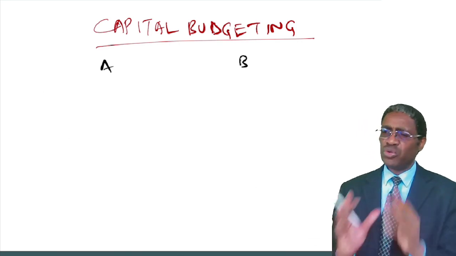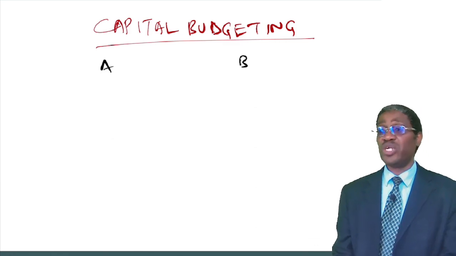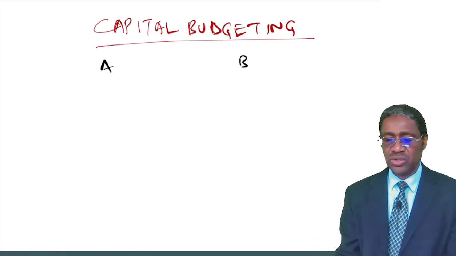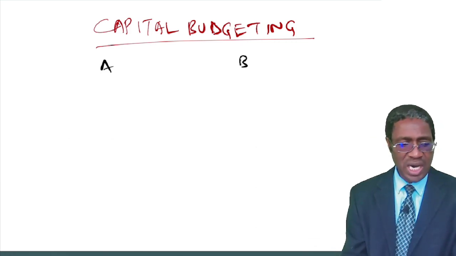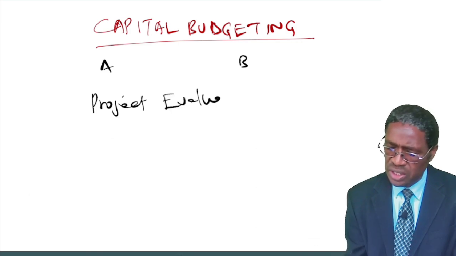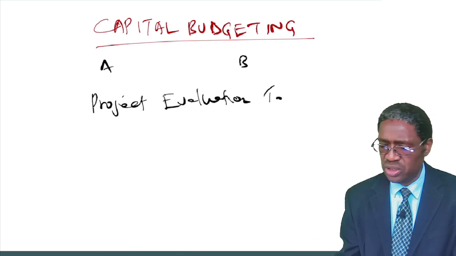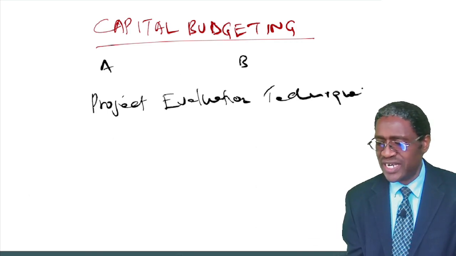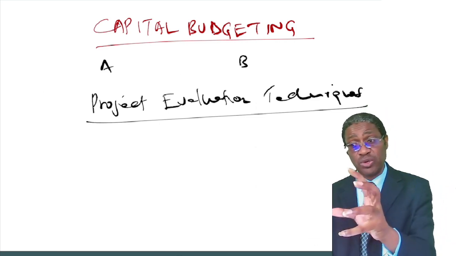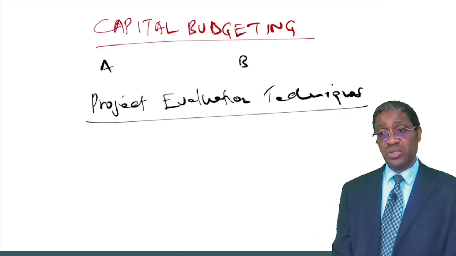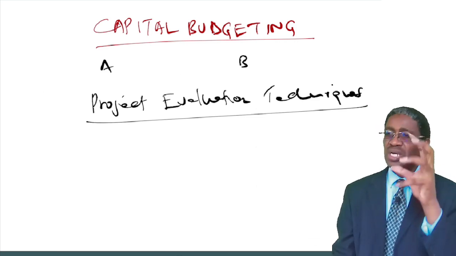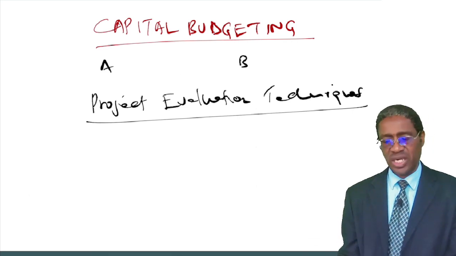Now, those techniques that we normally use to evaluate projects are classified into two categories. What we want to discuss now are project evaluation techniques. What are the project evaluation techniques? The techniques or methods that you as a company can use to evaluate these two projects are classified into two categories.